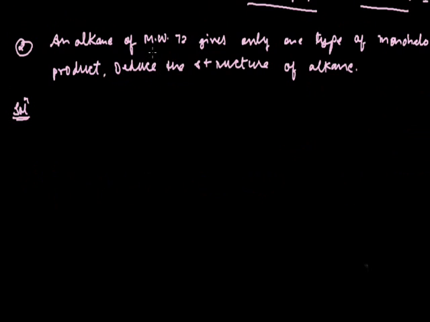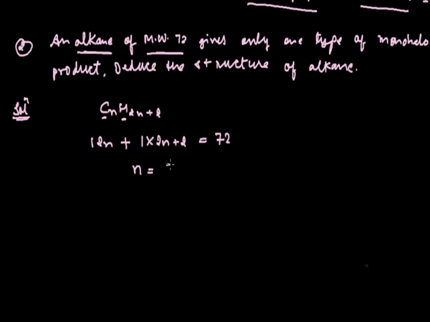You are given molecular weight 72 and the category is alkane. The general formula for alkane is CnH2n+2. The atomic weight of carbon is 12 and the atomic weight of hydrogen is 1. Total weight is 72, so when we solve this, n comes to 5. That is, there are 5 carbons in the given alkane.